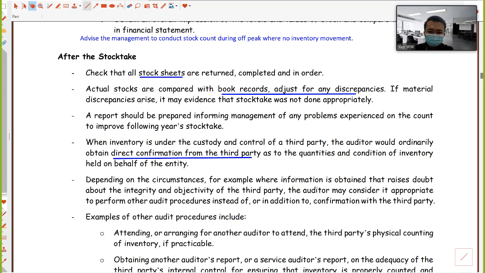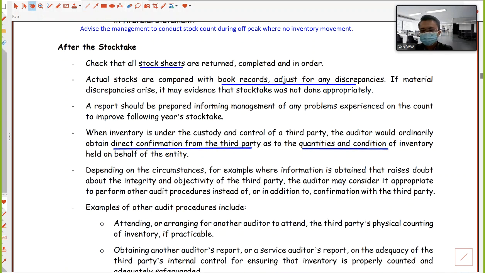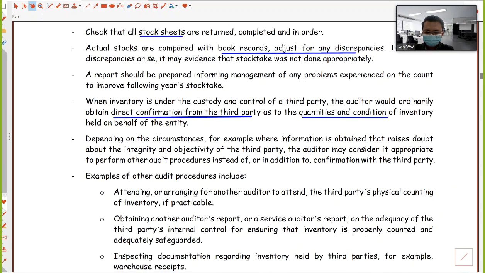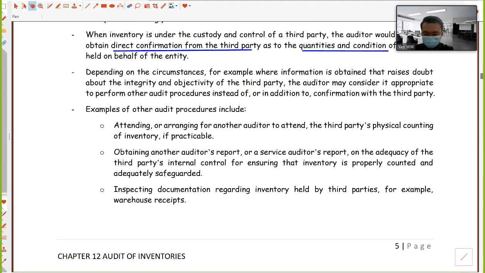Okay. So in that case, auditor sends confirmation to confirm quantities and condition of the inventory. We will cover more about this in the final parts of our syllabus. ISA 402, the use of service organization. Okay, other audit procedures, you can read through on your own.